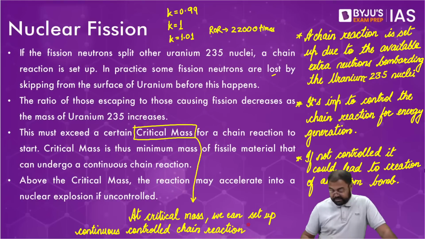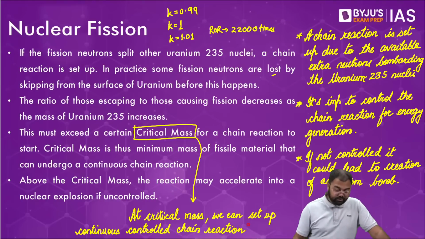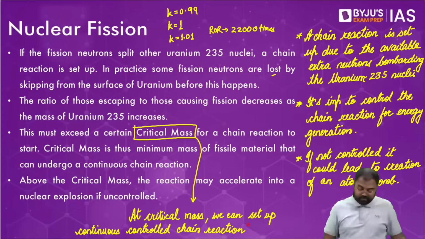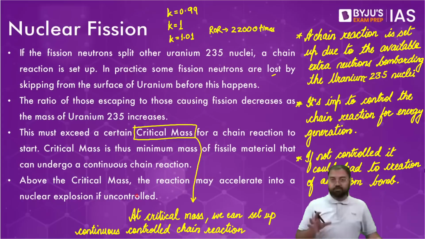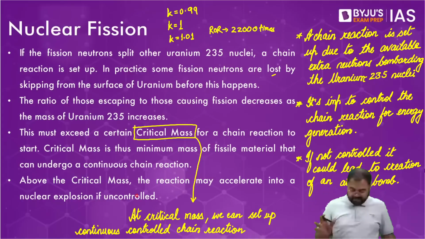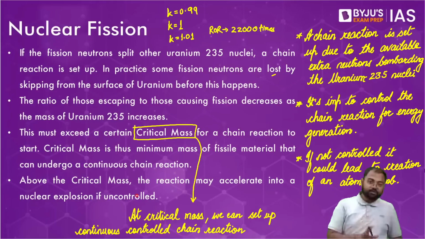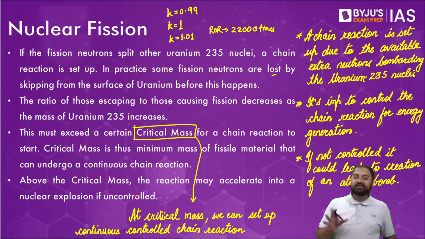All right, so that's why critical mass becomes very crucial. So that's why the mass of the fissile material, or that mass of uranium 235 at which we can set up a continuously controlled chain reaction.